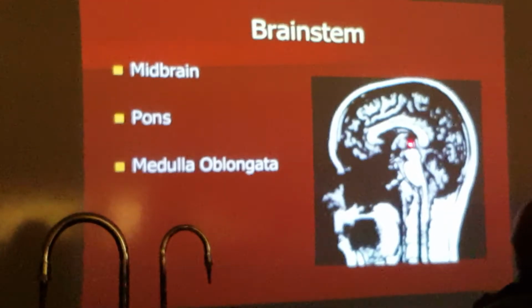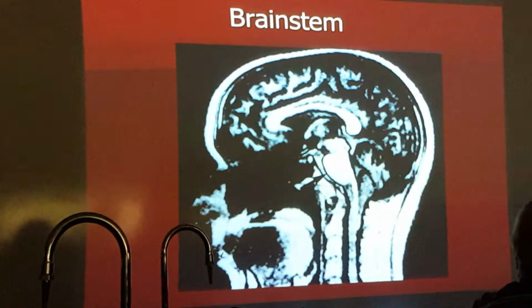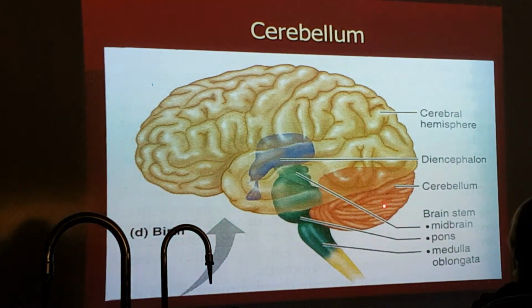Brainstem, we have midbrain, pons, medulla oblongata. You can see the four little bumps in the back. Cerebellum.